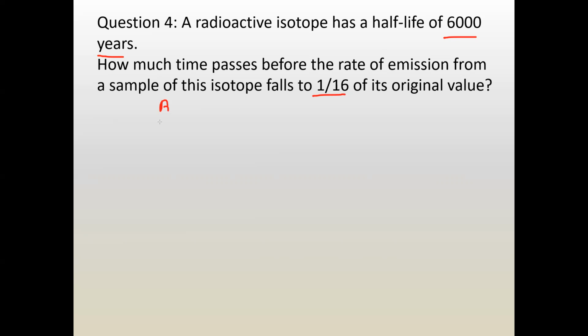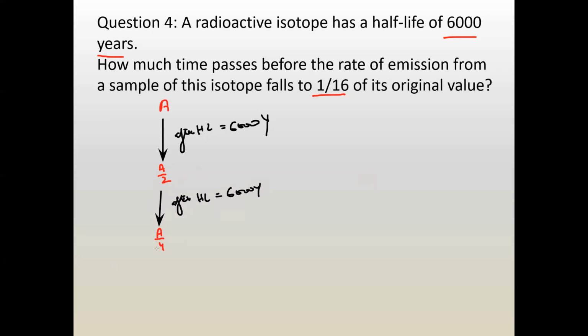After the half-life, after basically 6,000 years, it will become half, so it will be A by 2. Then after another half-life, after another 6,000 years, because every 6,000 years the radioactive sample will be half of its value, half of A by 2 is A by 4.